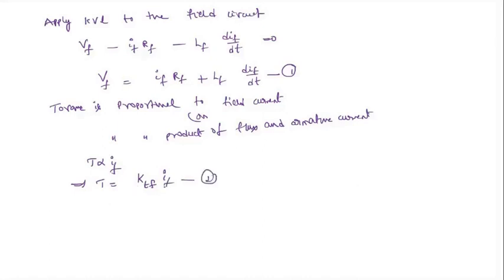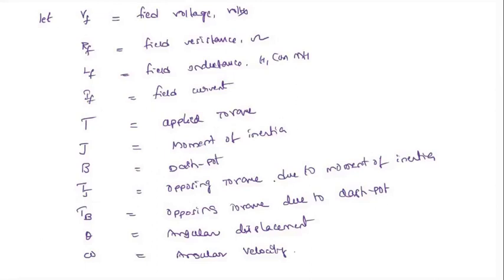Now the third equation is by considering the mechanical rotational system. Applied torque equals the opposing torques due to the elements. We have two elements: one is Tj and one is Tb.